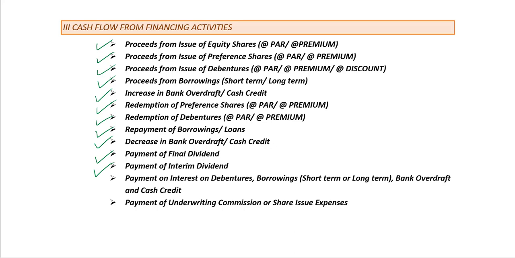Any interest, whether it's on debentures or borrowing, short-term, long-term, bank overdraft or cash credit, payment of such interest is a financing activity, outflow. And any payment of underwriting commission or share issue expenses will also be an outflow.